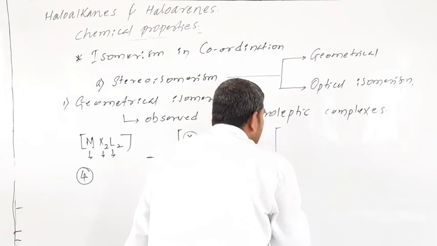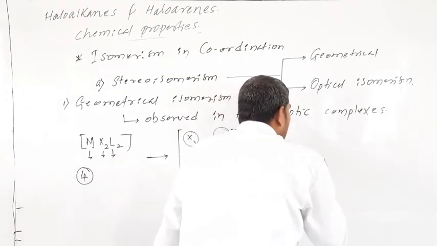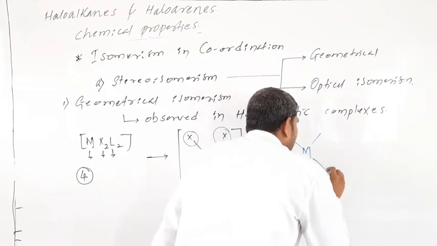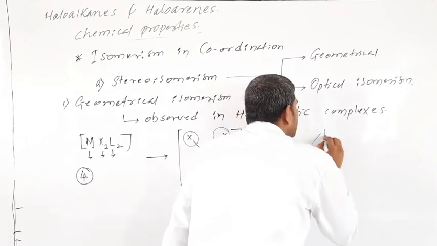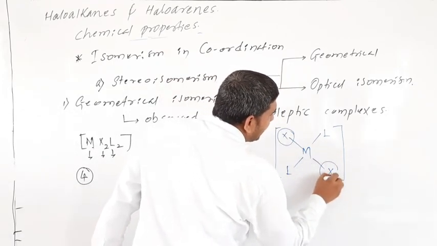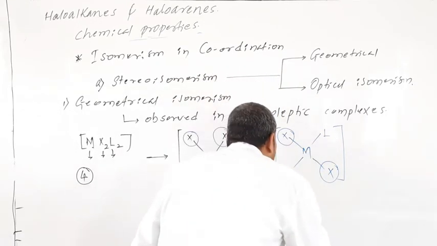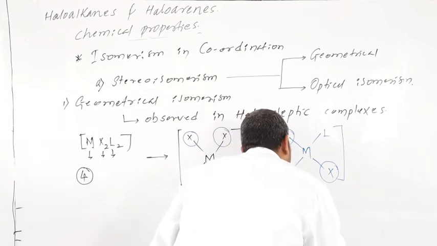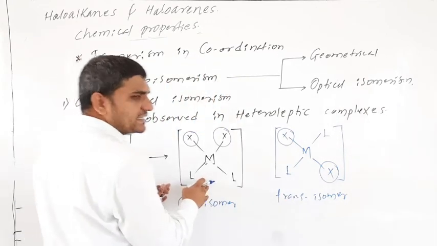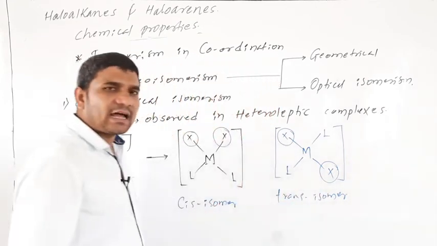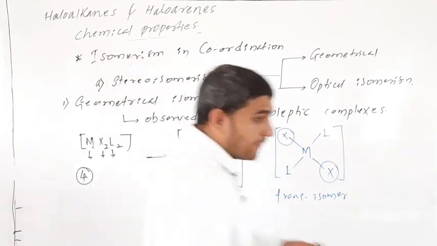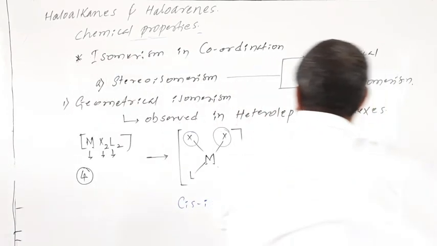If they are opposite to each other, like this, where identical ligands are opposite to each other, this is known as a trans isomer. Understood? If they are adjacent to each other, cis; opposite to each other, trans. Okay. For example, I will write one example for this one.